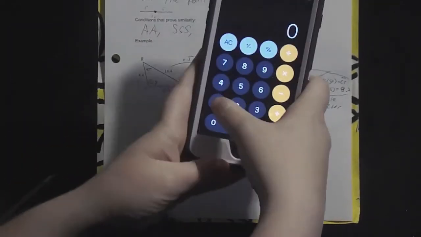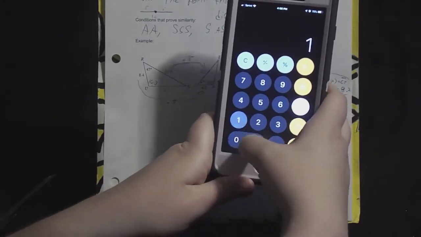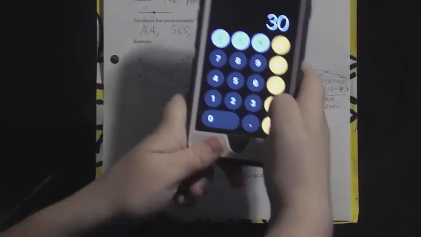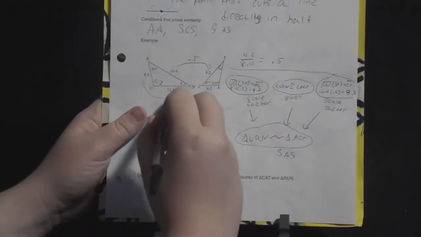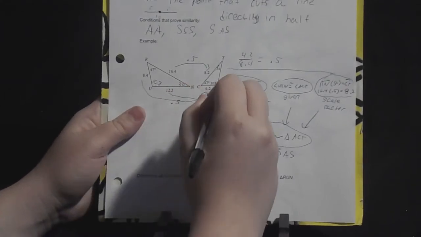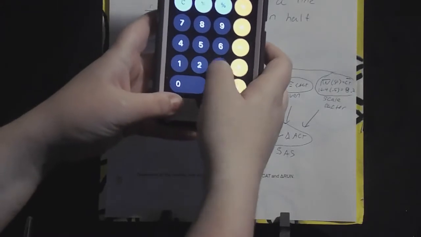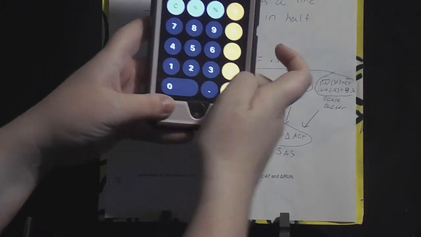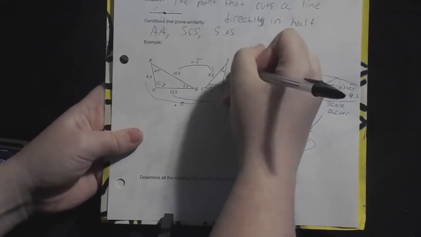So if I do 180 minus the 47 minus the 103, I'd find the last one's 30. And that's true for both triangles. And finally, the last side I don't know is this 12.3 goes here. And to do that, I have to times it by 0.5. So 12.3 times 0.5 is 6.15. And that's that last side right there.